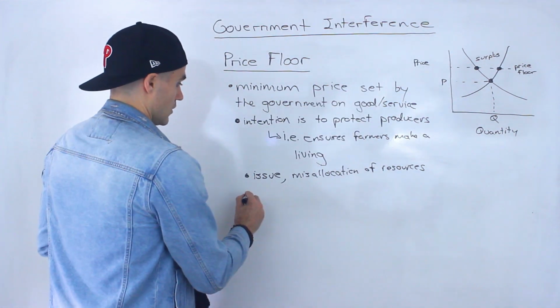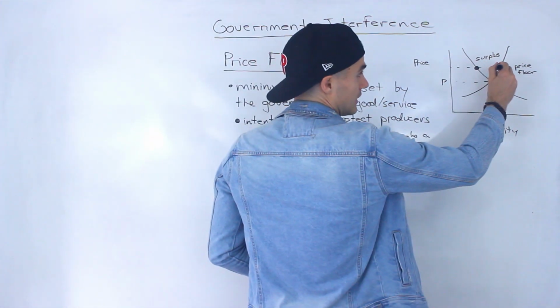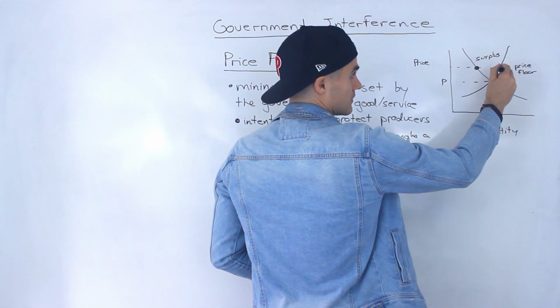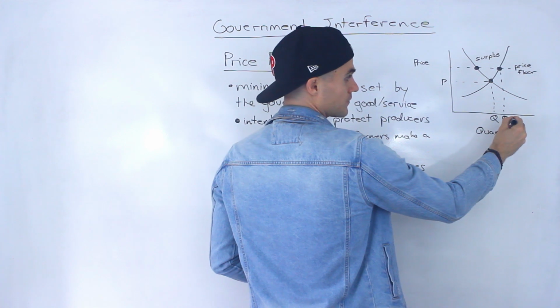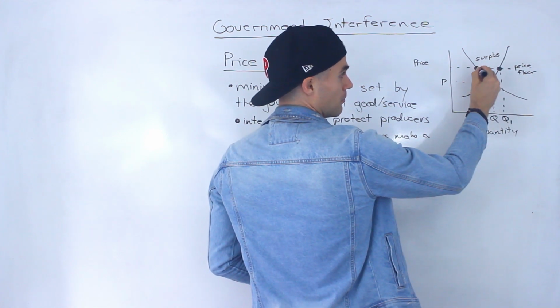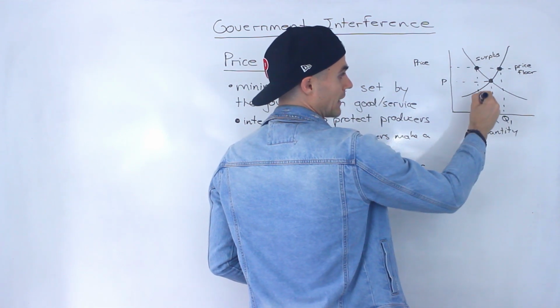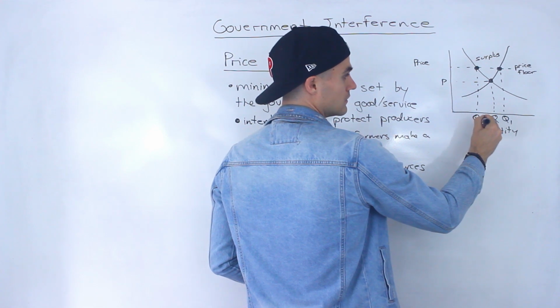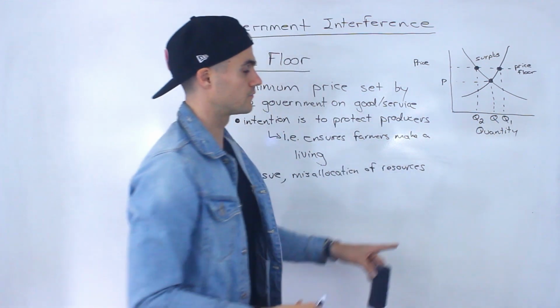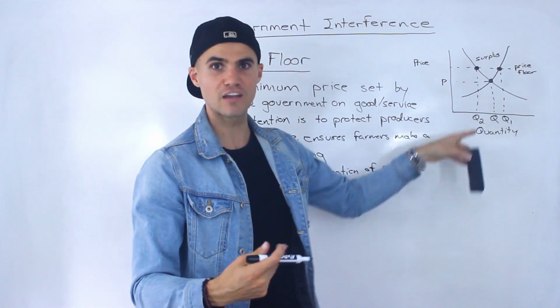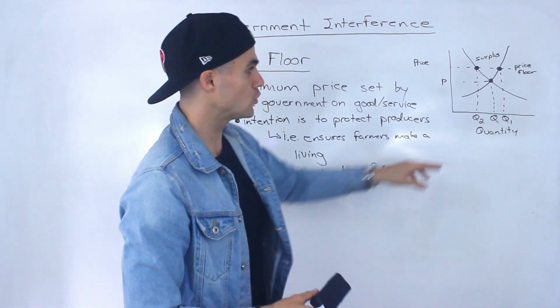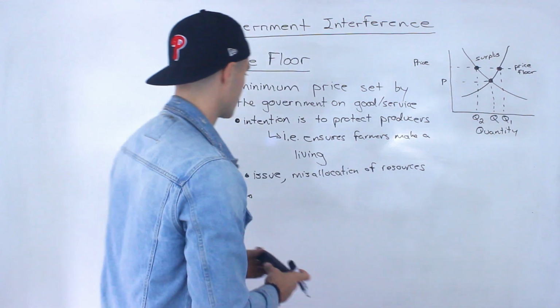Well, notice that at this price, the farmers or the suppliers are producing this quantity. Let's call it Q1. But the consumers are not buying that quantity. They're only willing to buy this quantity, Q2. So how is that extra quantity being funded? Who's buying that extra quantity?